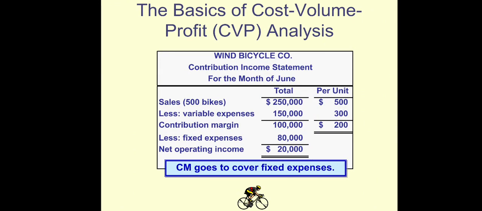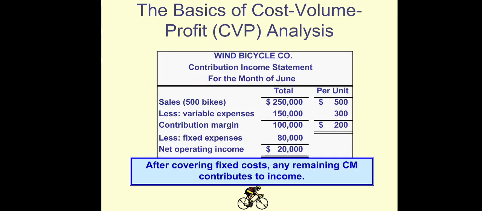This one is important too. See another point in the blue box: contribution margin goes to cover fixed expenses. After covering fixed costs, any remaining contribution margin contributes to income.